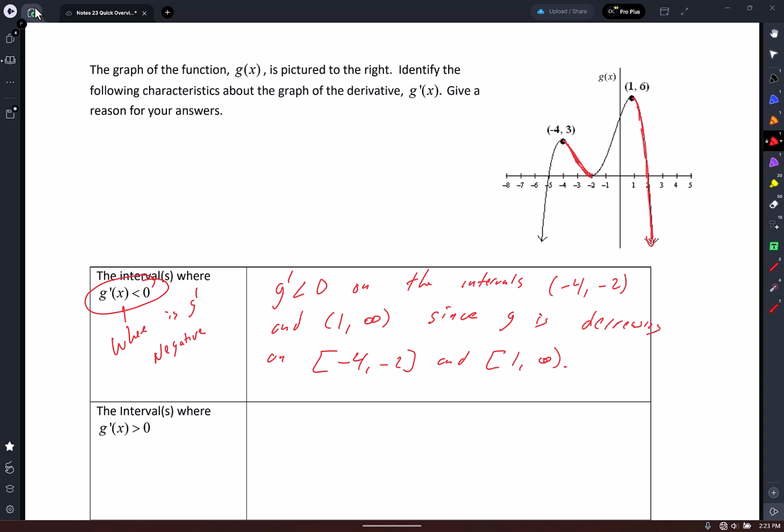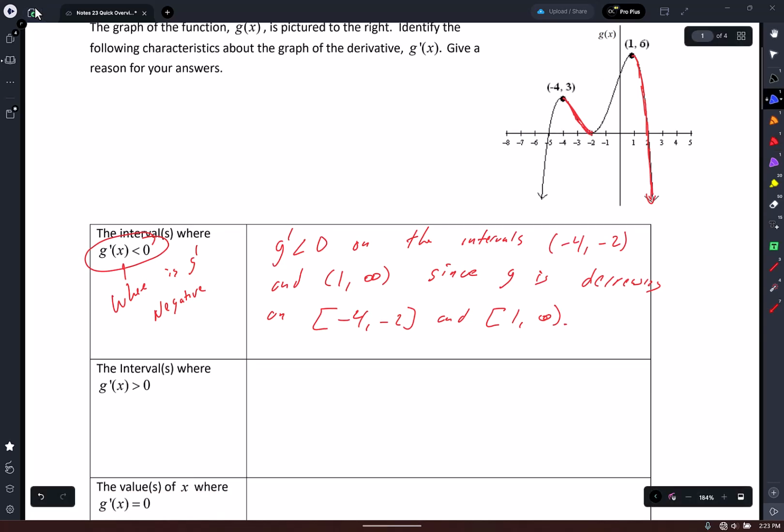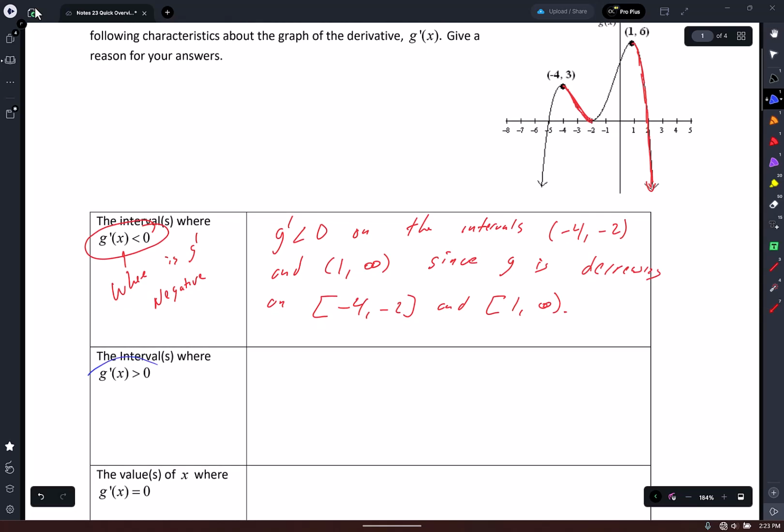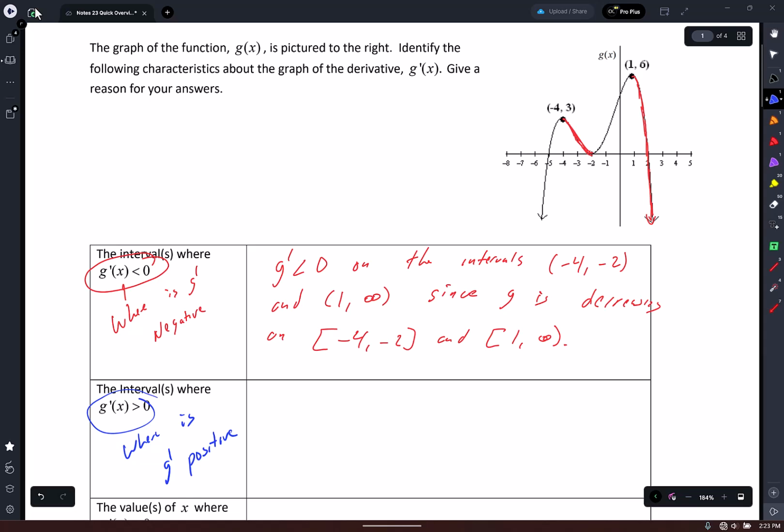Let me color code it. Let me go to blue. So on the intervals where g prime is positive. This means where is g prime positive? Okay, well, it's positive from -infinity all the way to -4, and from -2 all the way to 1.